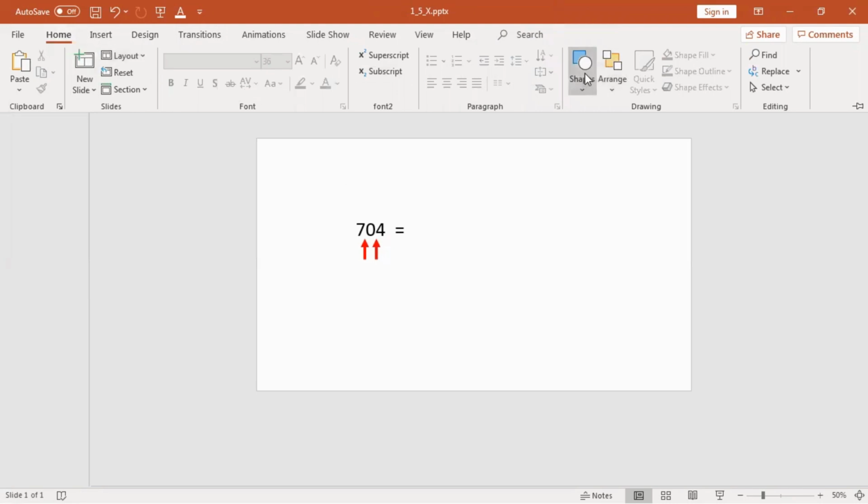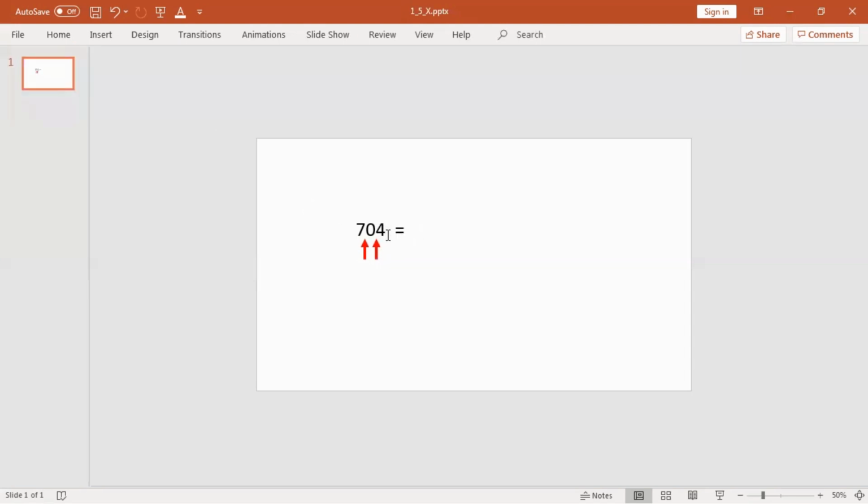Let's see. I'm trying to figure a way that I can help visualize this.